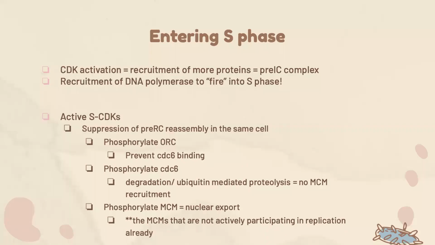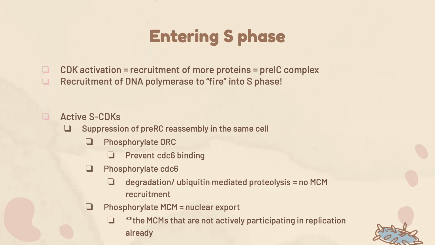All right, so Iris basically just said all of this. So it's just like entering S phase. You need to make sure that you have all your pre-IC complexes so that it can fire into S phase. And so once you have your S CDKs, because you're in S phase, you have to make sure that your pre-RC is not going to be able to assemble again, because pre-RC is what allows the cell to start replication.